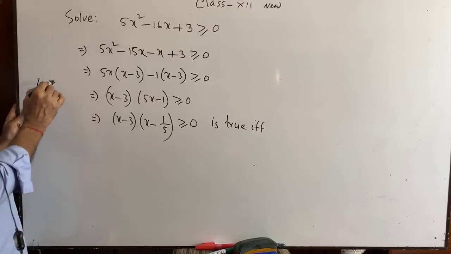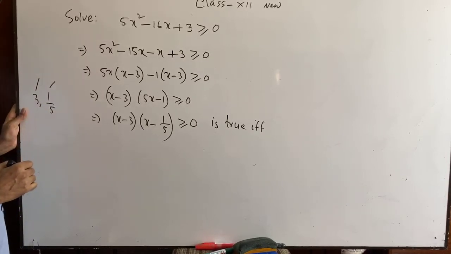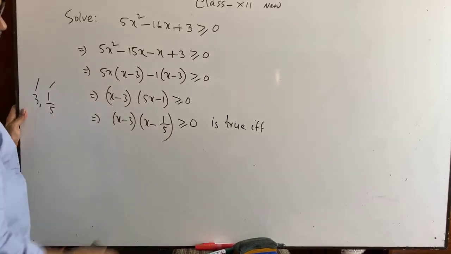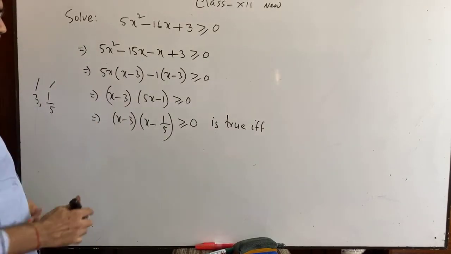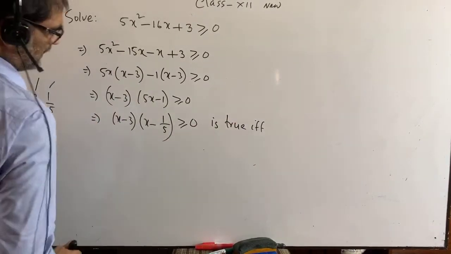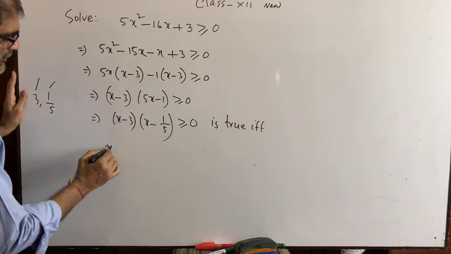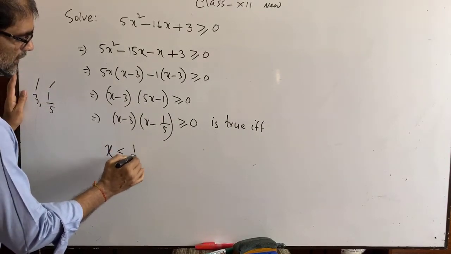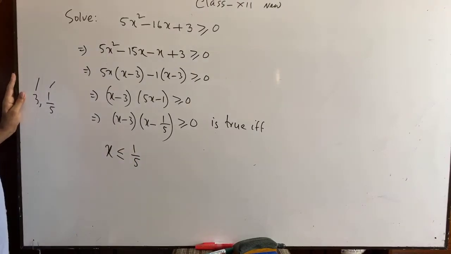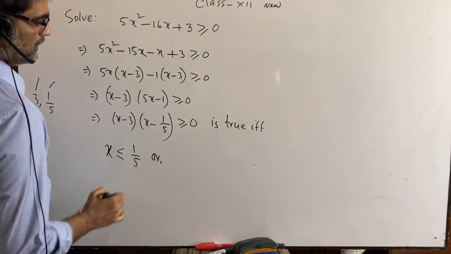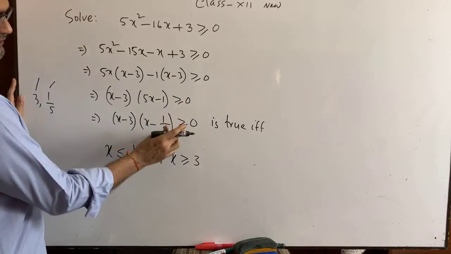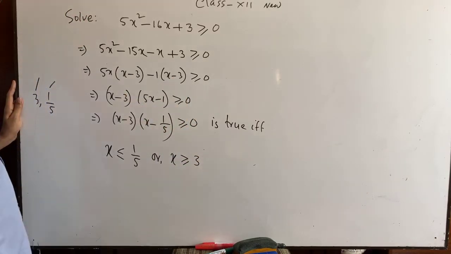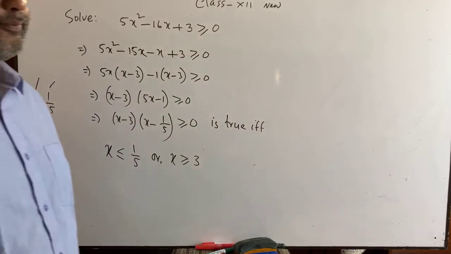If it is 1/5, it is the smaller one, right? So it is true if and only if x is smaller than the smaller one, 1/5, or greater than the greater one. As it is an equal sign, I have put the equal sign here. I think you have got it right.